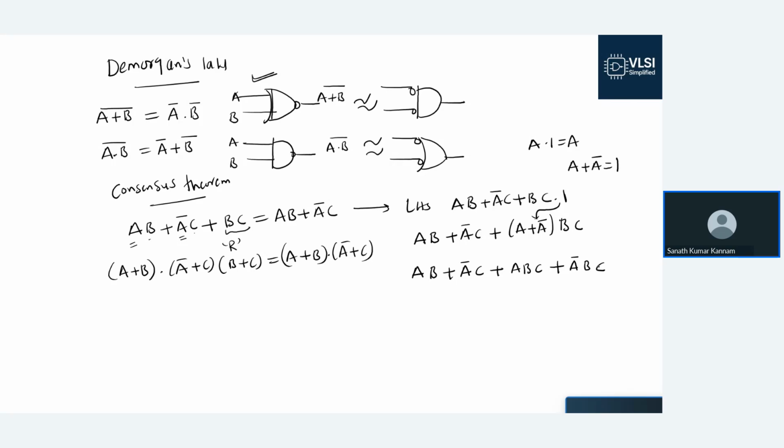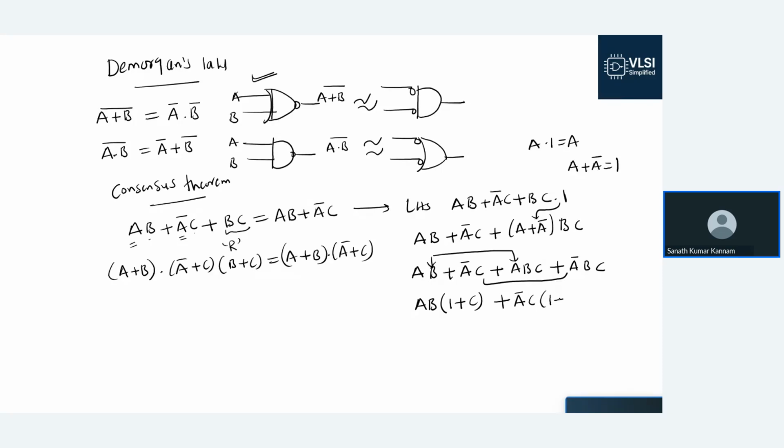So if you combine these two, what can you take common? I think you can take AB common. So this is 1 plus C. Plus from these two, I can take A bar C common.